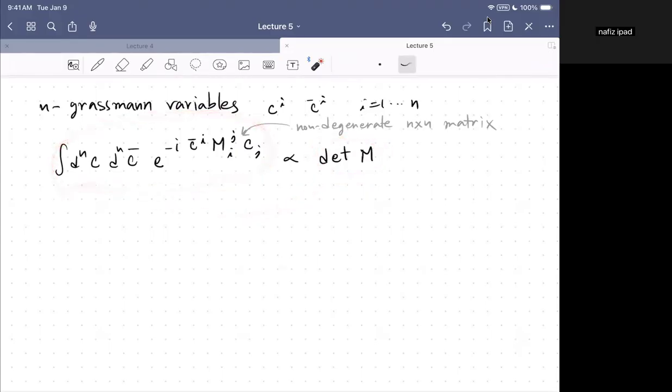I mean, here of course we are doing the 0-dimensional case, so we are doing just a finite number of Grassmann variables. But the idea persists. You can convert the determinant of an operator, in this case a matrix, into an integration over Grassmann variables, a Gaussian type integration for these Grassmann variables. Okay.